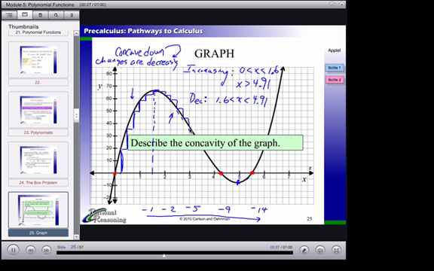Okay, what about here? So right about here we have what's called an inflection point because the concavity changes. And now what happens to the changes? So through here, are the changes increasing or decreasing?